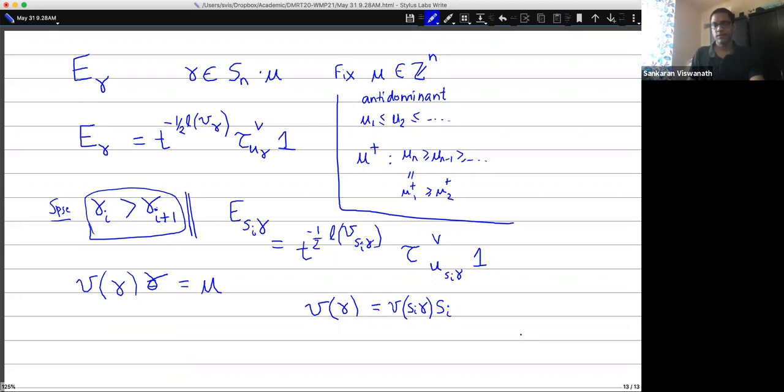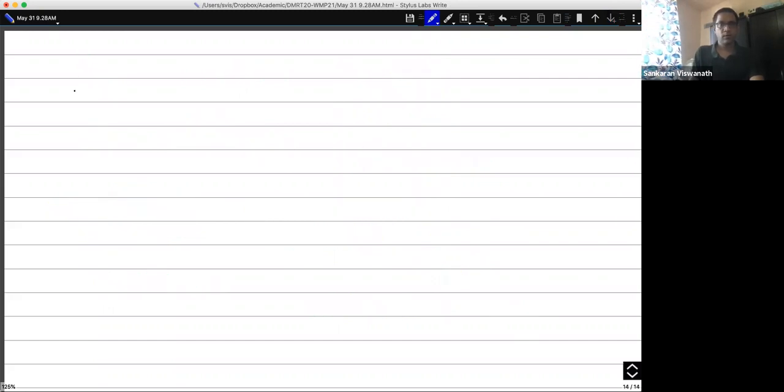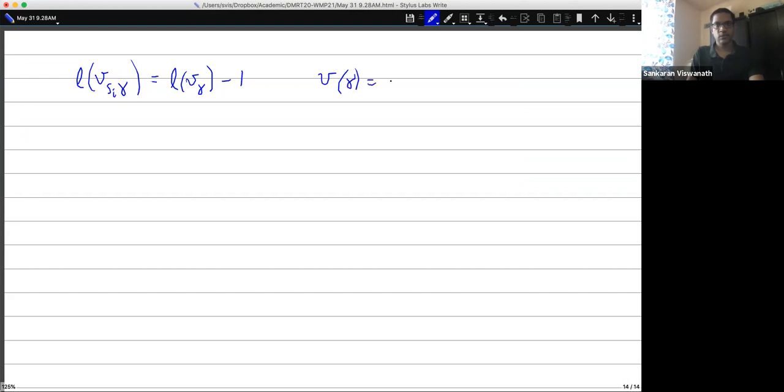So V gamma is a reduced expression: to sort gamma takes one extra simple reflection, which is s_i. So the length of V gamma is one more, and the length of V s_i gamma is one less. Further, V of gamma is just V s_i gamma times s_i.